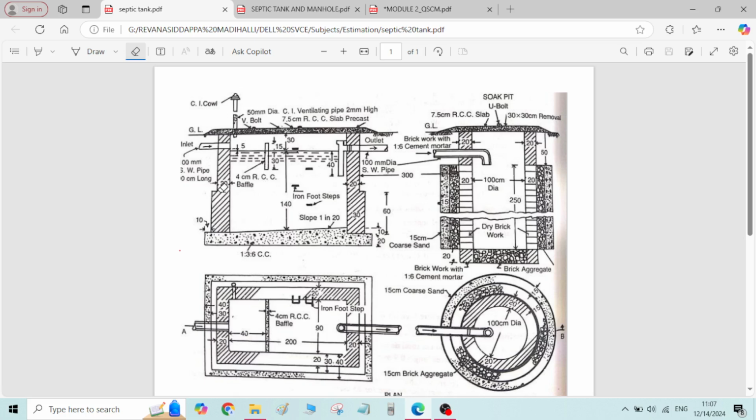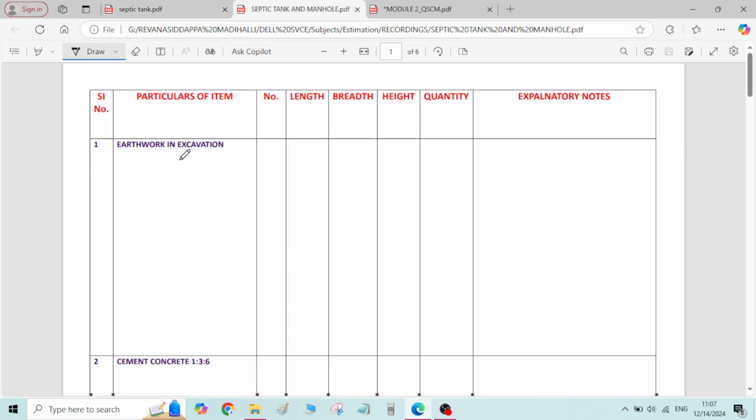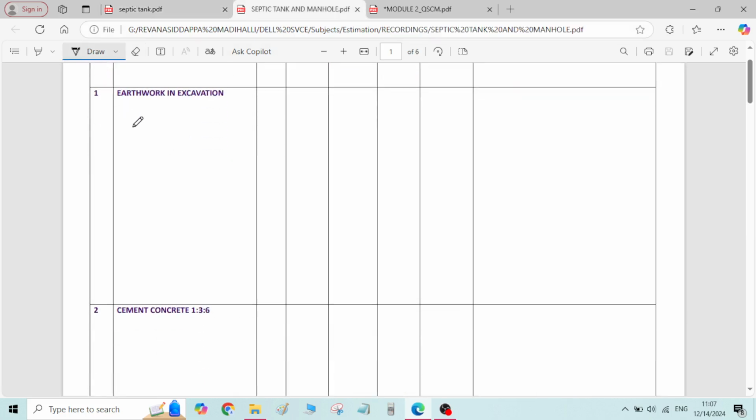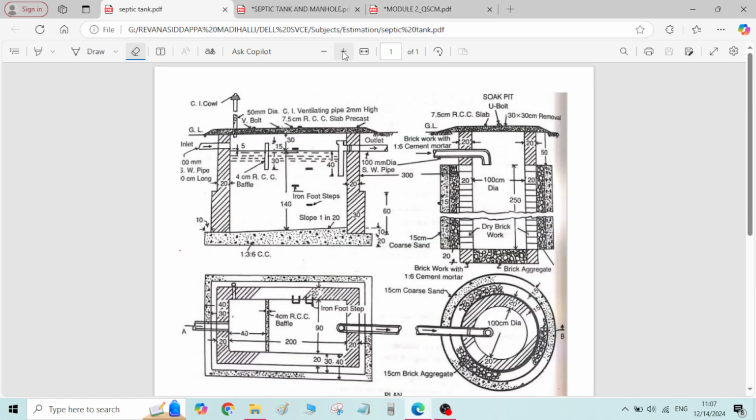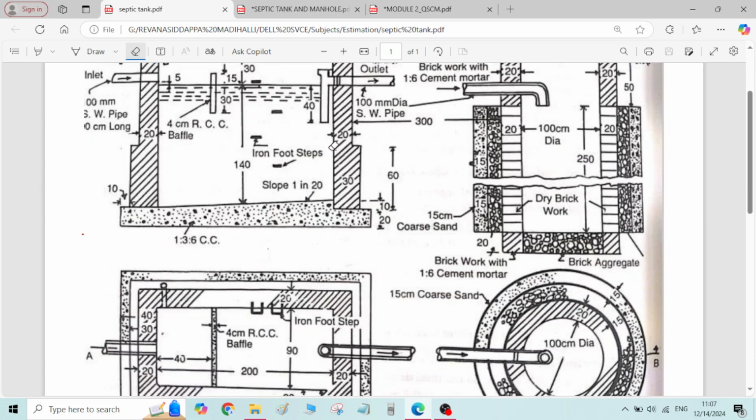So first we will do the calculation of earthwork in excavation for the septic tank. Okay, let us go to the diagram. Earthwork in excavation for the septic tank.